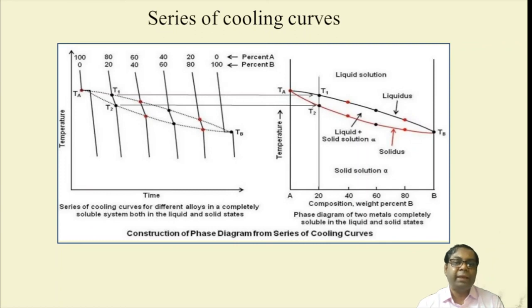One is black in color, the curved one at the top, and the other is purple, the bottom one. The black one is called the liquidus line, and the purple one is called the solidus line. Everything above the liquidus line is in pure liquid state, and everything below the solidus line is pure solid state. In between, it is a mixture of liquid plus solid solution.